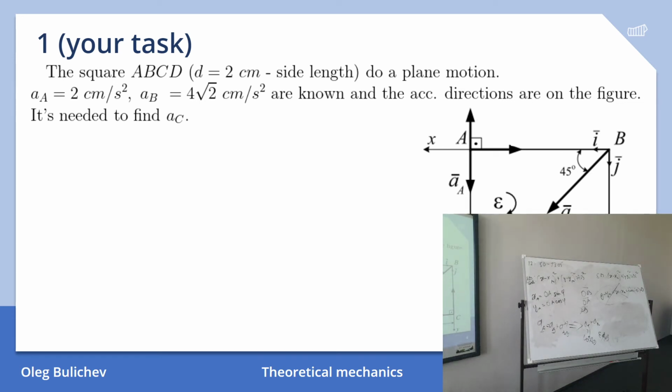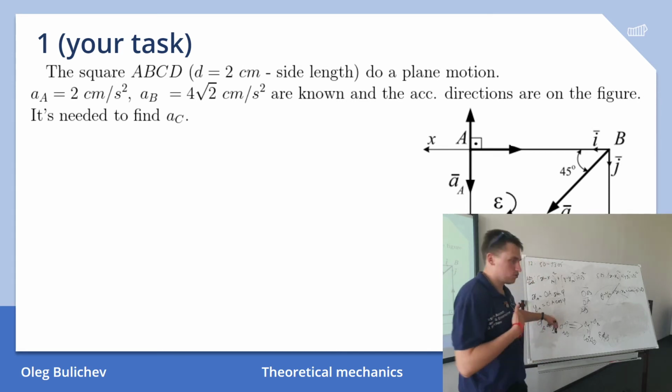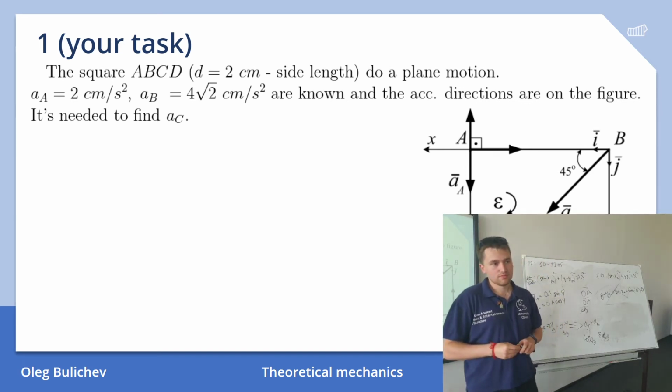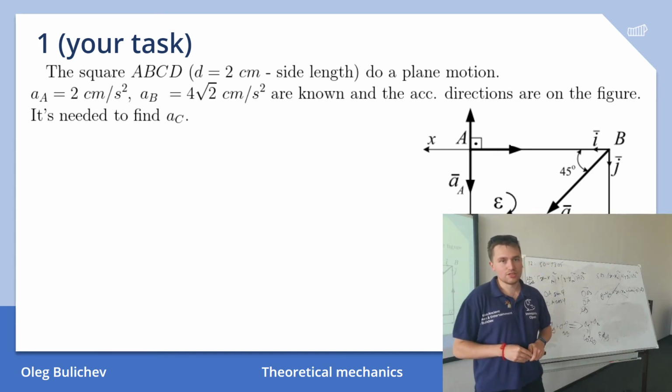We have epsilon and omega. Can we receive two equations from this? We can do the same thing.